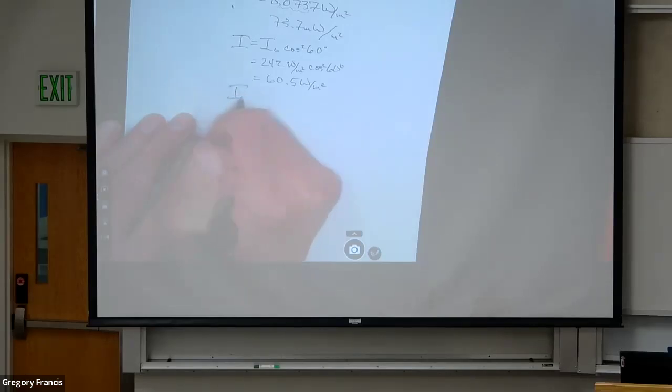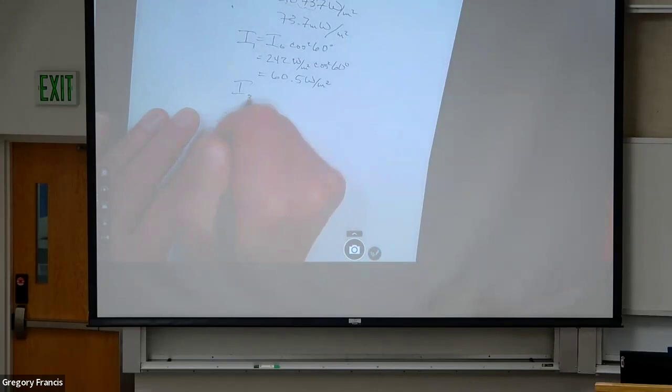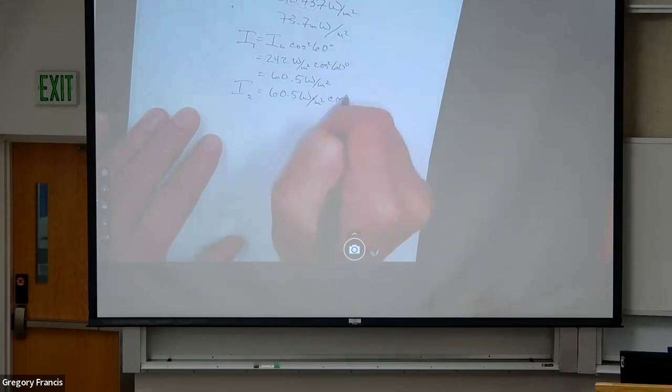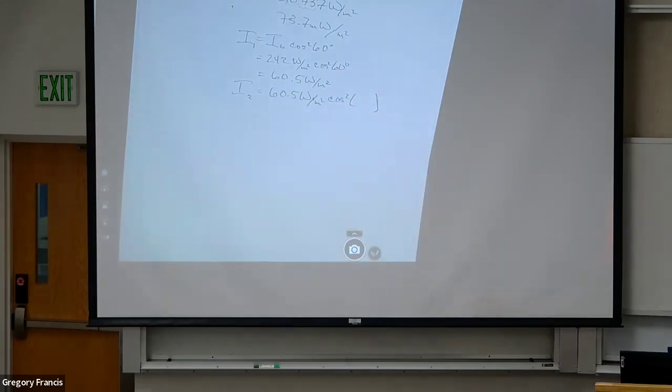And then this will be after the first one. And then after the second one, we take that 60.5 watts per meter squared. But now, what angle do I want to put in there?